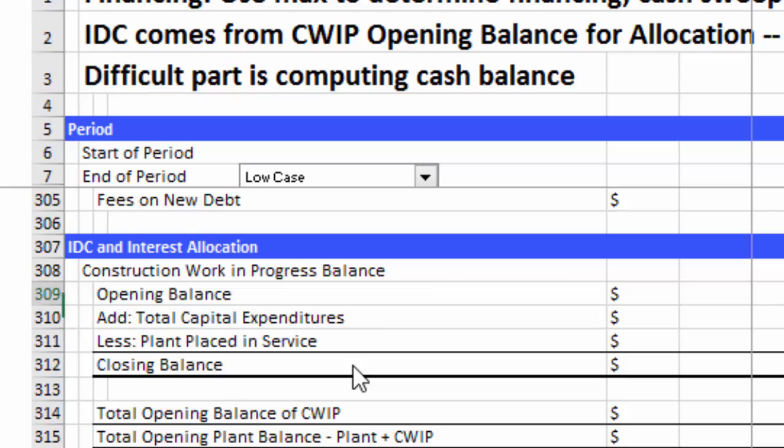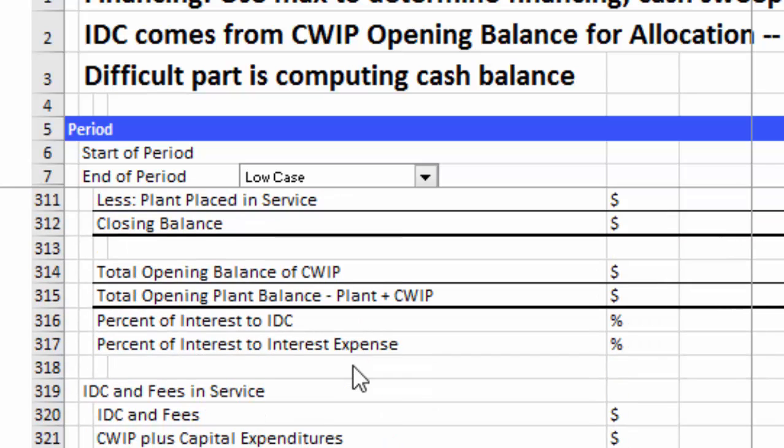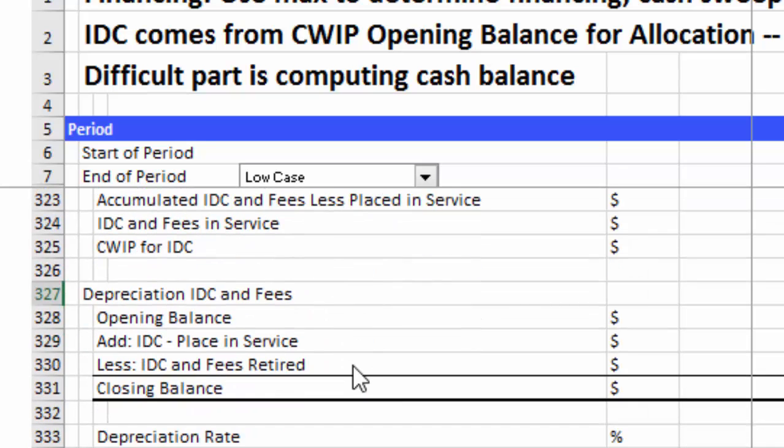Well, you set it up for the non-interest during construction first, use that to allocate, and then once you've got the interest during construction, you allocate it and make a plant in service balance. It is painful, but it does work.